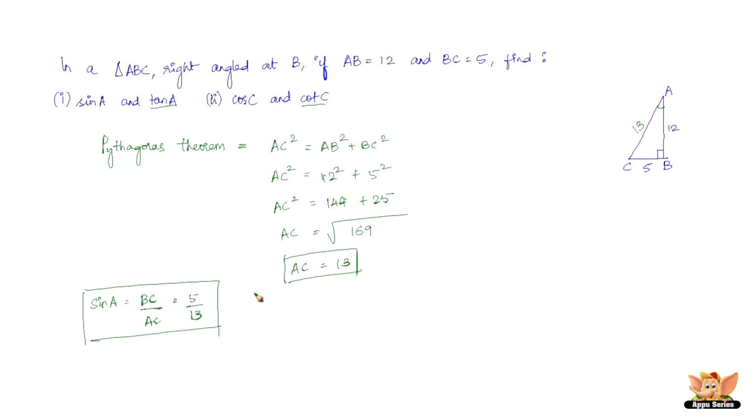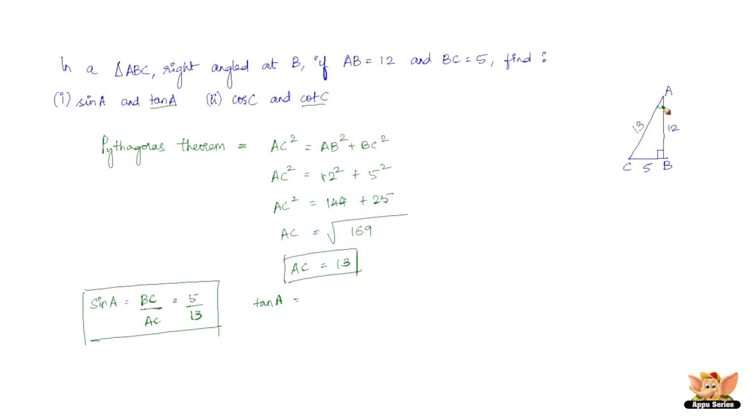Now let's find the value of tan A, the tangent of A, which is equal to opposite by adjacent. Which is the opposite side to angle A? It is CB, which is 5 centimeters or 5 units. It may be 5 centimeters, 5 meters, 5 kilometers, anything, but we just need the value. So tan A equals opposite by adjacent.